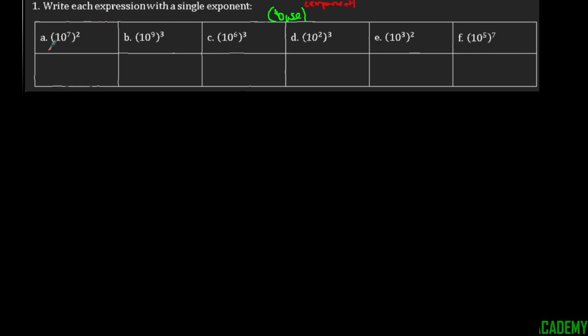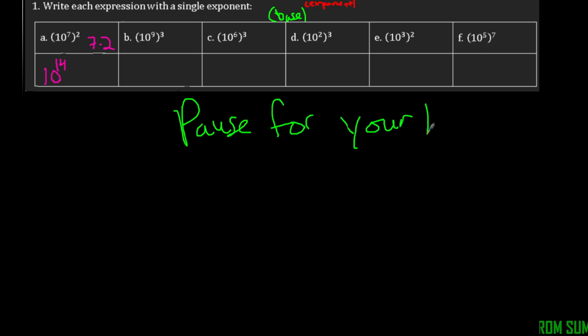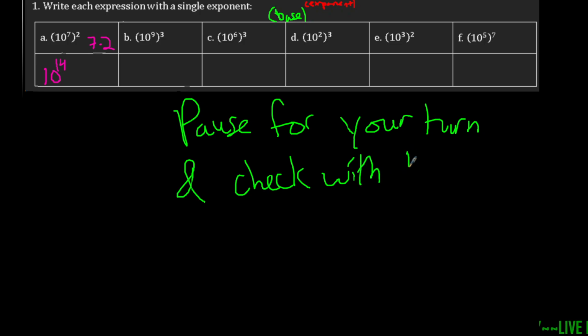For this first one, it says 10 to the 7th power raised to the 2nd power. So we're going to do 7 times 2 to get 14. So that's going to be 10 to the 14th power. What I want you to do is pause for your turn and check with me.